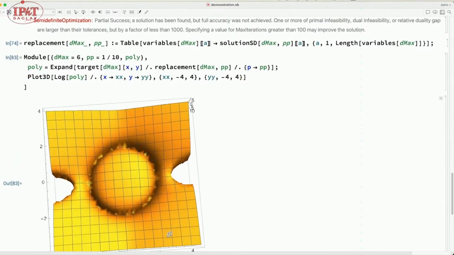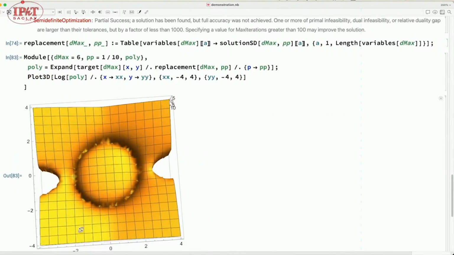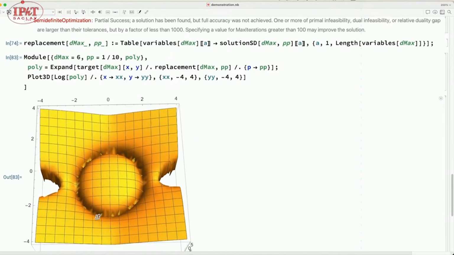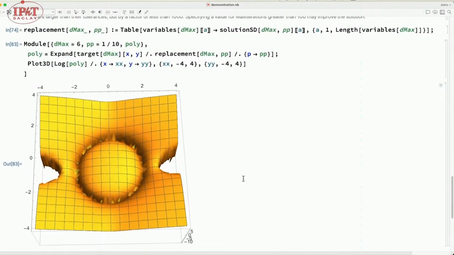I don't know why there are these extra circles, but there's a circle of radius 2, more or less. Sorry, can I ask a question? So, naively, I would have thought that to get the shape of a limit cycle, you would need to know the averages of more or less arbitrary functions phi.